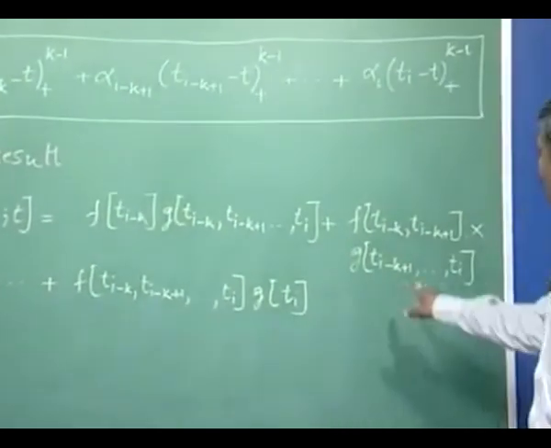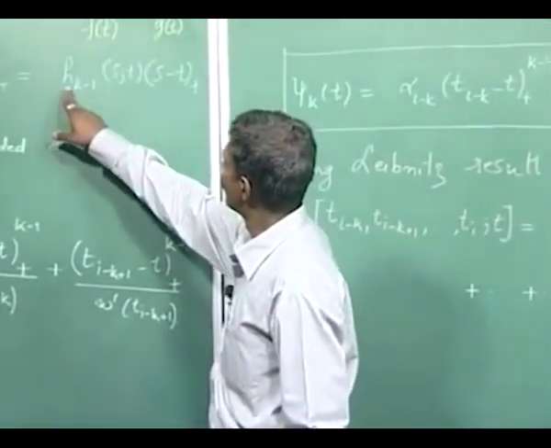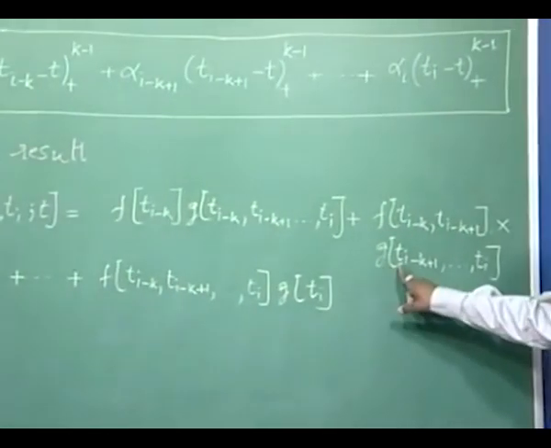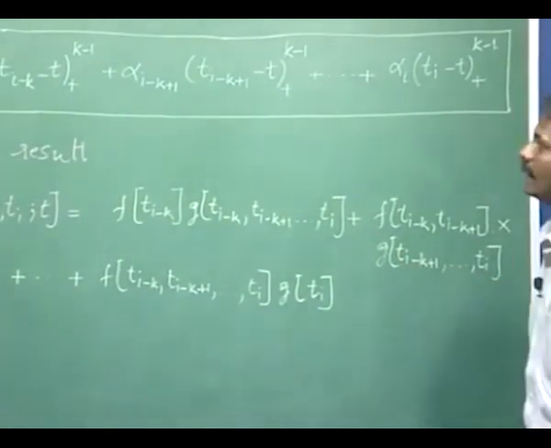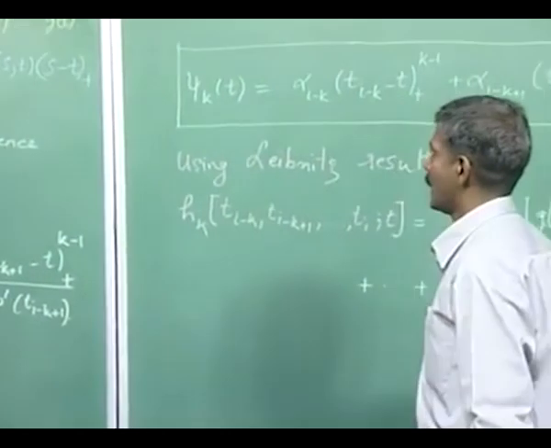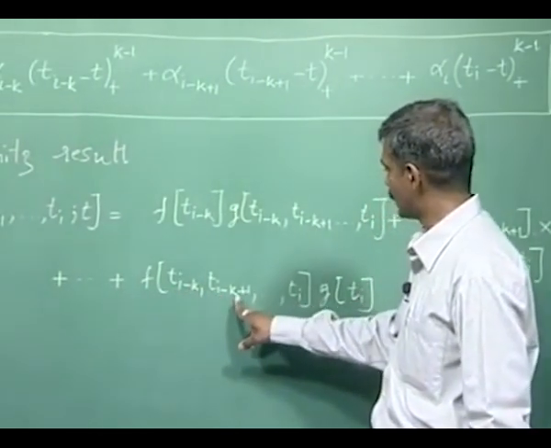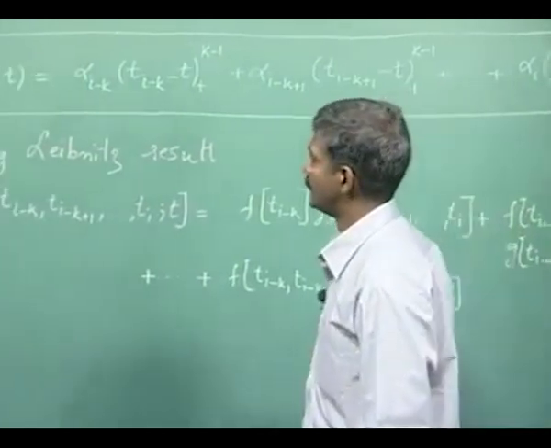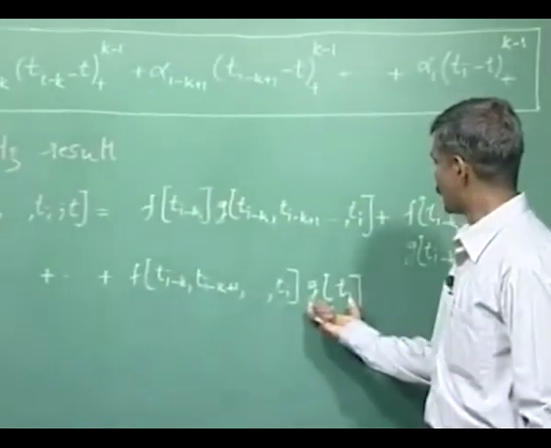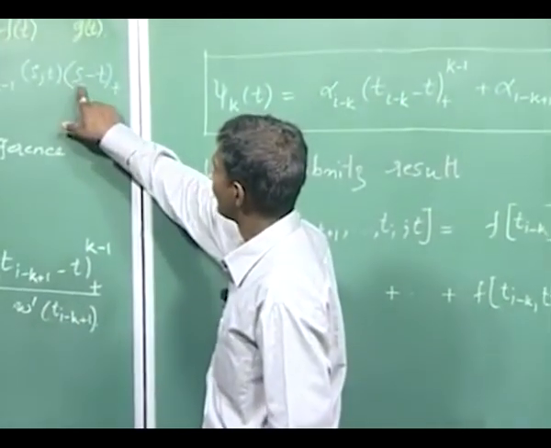How about the second term? f[t_{i-k}, t_{i-k+1}] is the first divided difference of h_{k-1}(s; t). g[t_{i-k+1}, up till t_i] is the (k minus 1)th divided difference of (s minus t) truncated, and so on until we get the last term here. f[t_{i-k}, t_{i-k+1}, up till t_i] is the kth divided difference of h_{k-1}(s; t), and g(t_i) is simply the value of (s minus t) truncated at s equals t_i.